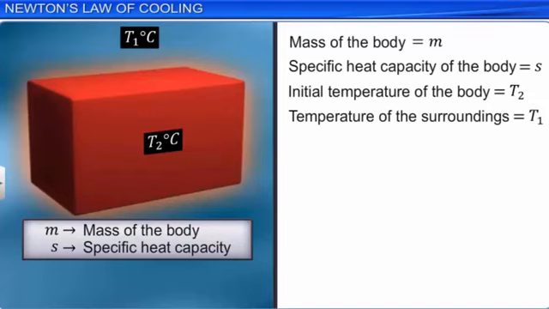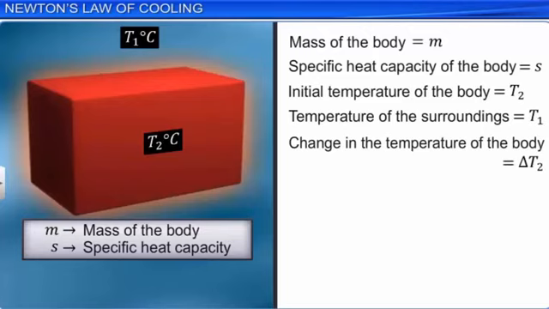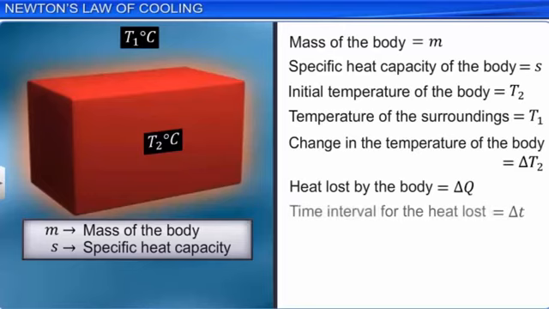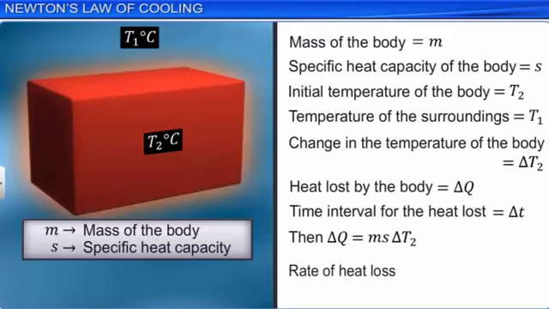If the temperature of the body is changed by delta T2, because of a small loss of heat delta Q, in a small interval of time delta t, then delta Q can be expressed as a product of m, S and delta T2. Then the rate of heat loss is equal to delta Q by delta t equals m S delta T2 by delta t. Let this be equation 2.